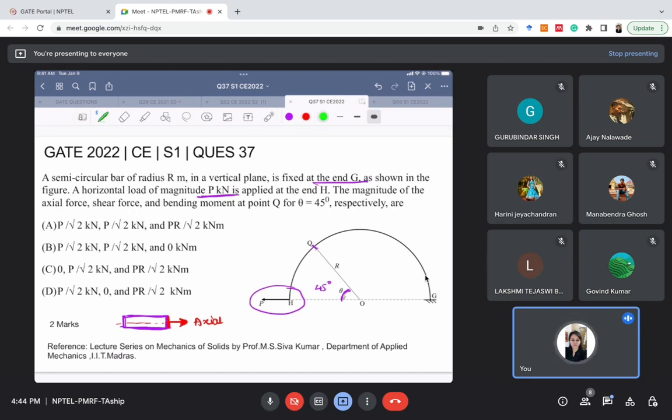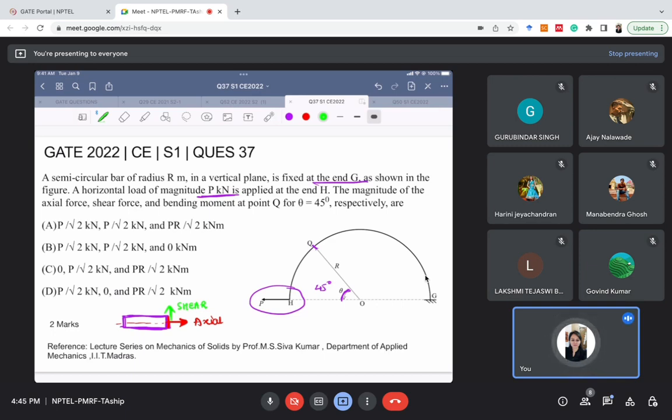And the force which is along the surface is the shear force. So they have asked us the value of axial force, shear force, and bending moment at point Q.